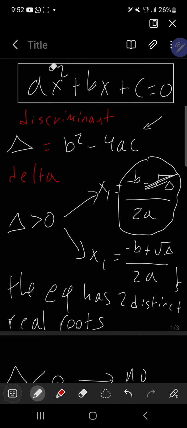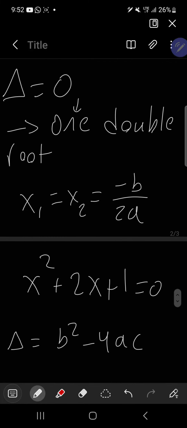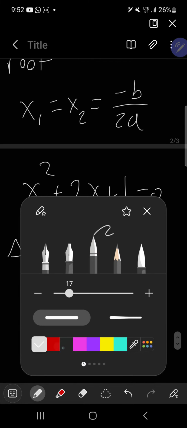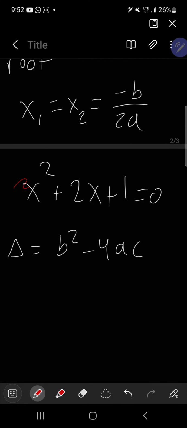B is the one beside x, and c is the constant. So in this case, let me write them above. What is a? It's 1. What is b? It's 2. What is c? It's also 1. Okay, you can start by writing them down so you're not confused when substituting.